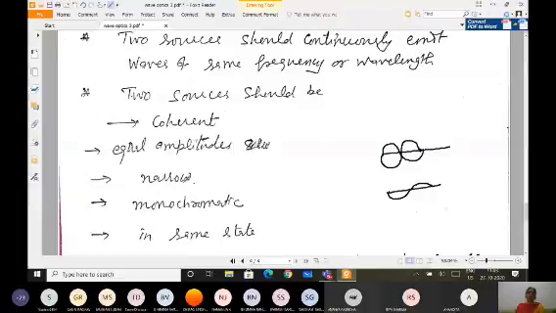So of course, that is why I said when we take the slit, it is nearly 0.2 millimeter. So you can assume how narrow we are taking the source. It should be monochromatic, because if it is not monochromatic, as I've said, if it is having many wavelengths like white light, then I will not be getting bright fringes of the same width.